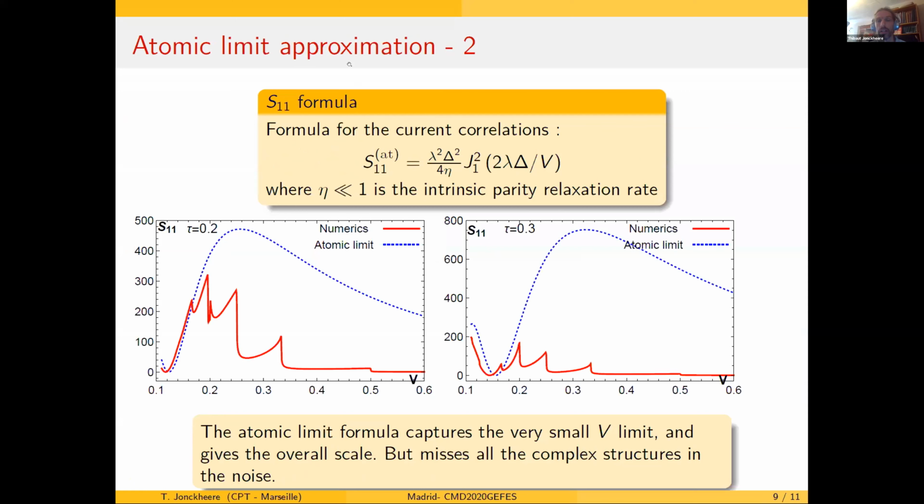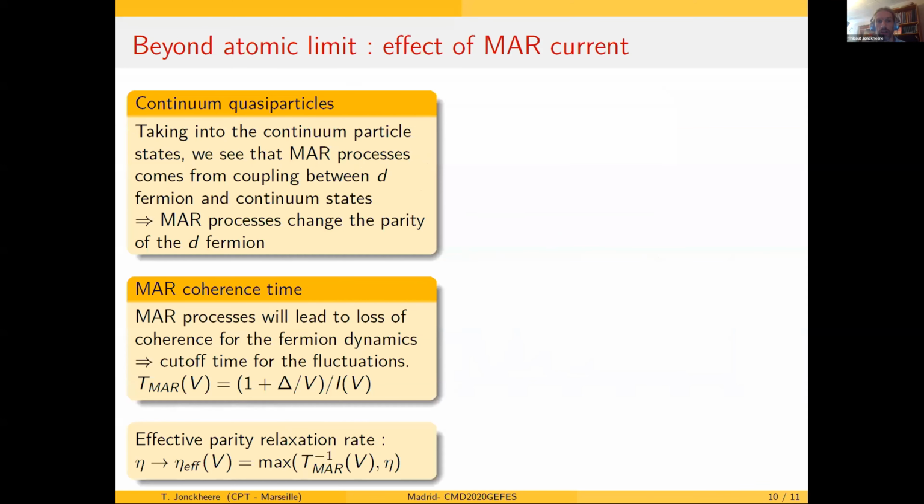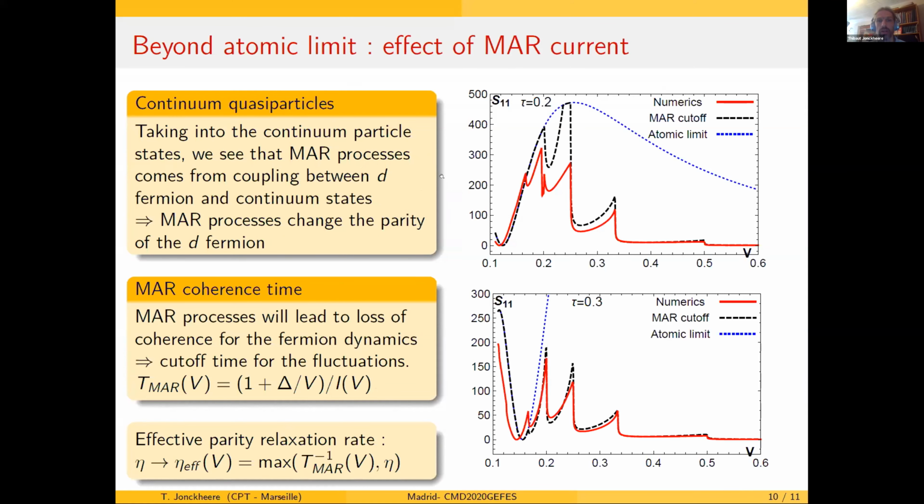And then I can use the analytical formula I had from the atomic limit approximation, but replace the intrinsic parity relaxation rate by the effective one, which combines the effect of environment and multiple Andreev reflection current. And well, this is what I get.